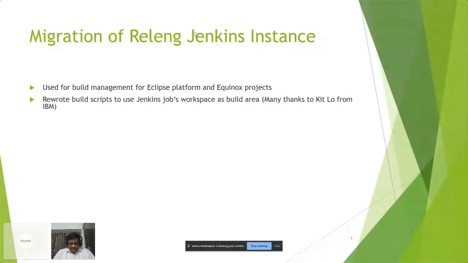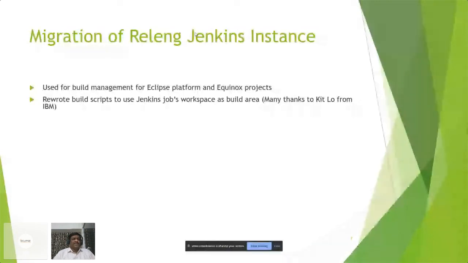So this has to be rewritten because earlier iBuild jobs were using build.eclipse.org as a storage space. That is not available now. Because of that, we had to rewrite it. And Kitlo from IBM had rewritten the whole scripts here.